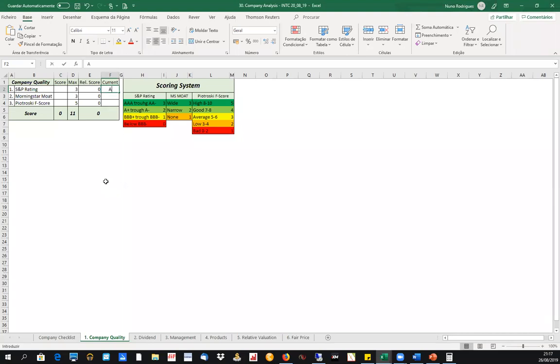And here we'll use the color scoring system. An A+ comes into this category, so light green. And for light green, we have a 2, so we score it a 2. Really, really easy. Then we'll take a look at Morningstar MOAT.